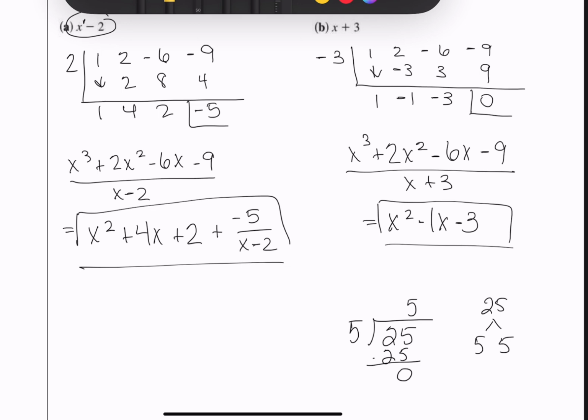If I divide by a linear factor like x plus 3, which is the same as substituting in x equals -3, right? This is the same as saying x is equal to -3. And I get 0 as a remainder, then that tells me that x equals -3 is a root.